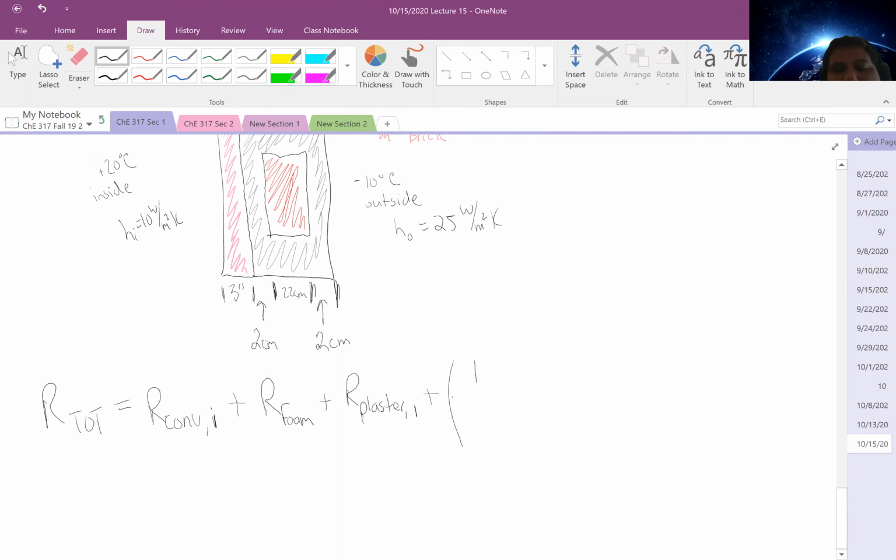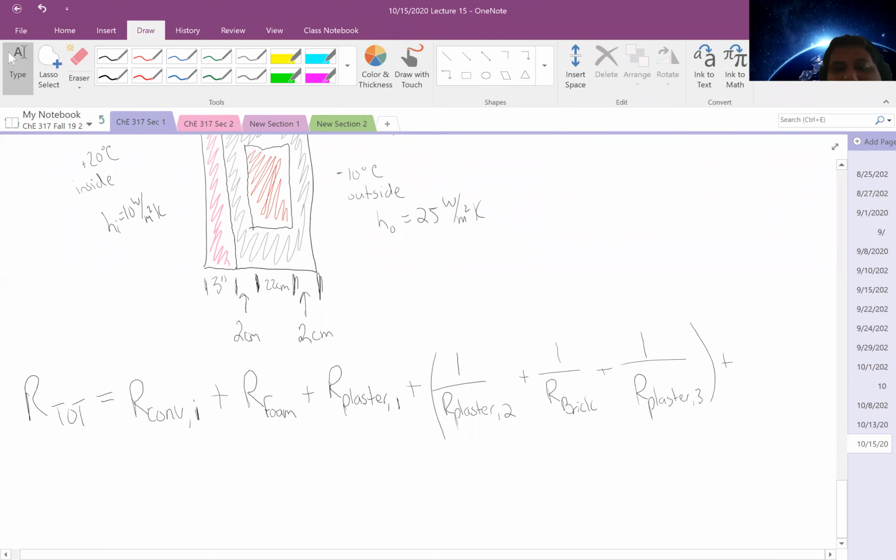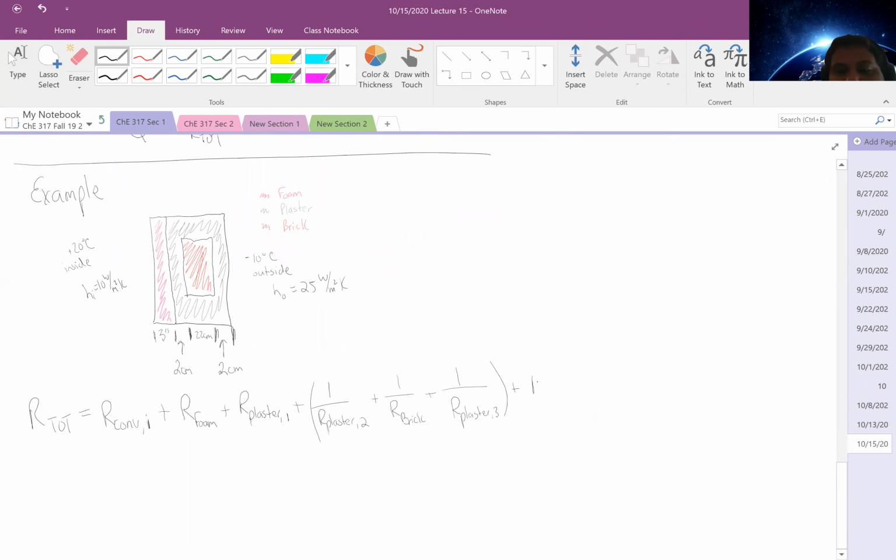So you have 1 over another layer of plaster, plus the resistance associated with the brick, plus another resistance associated with plaster, plus a resistance associated with plaster again, and then the convection on the outside.